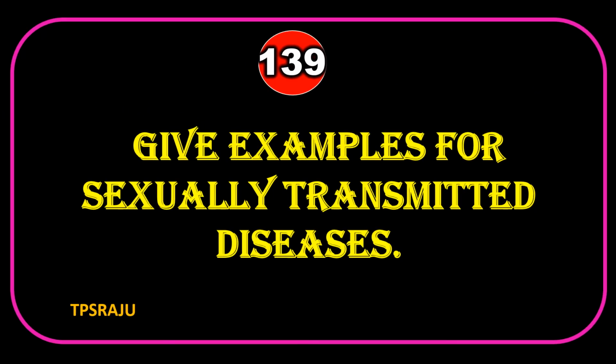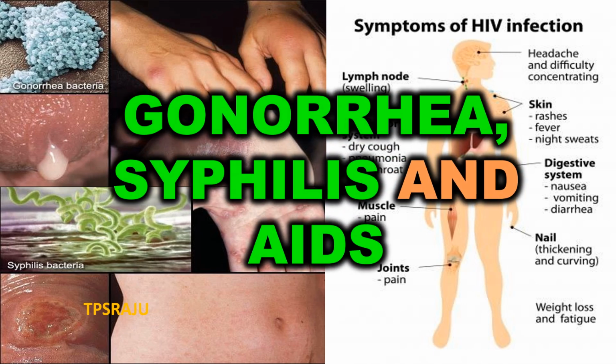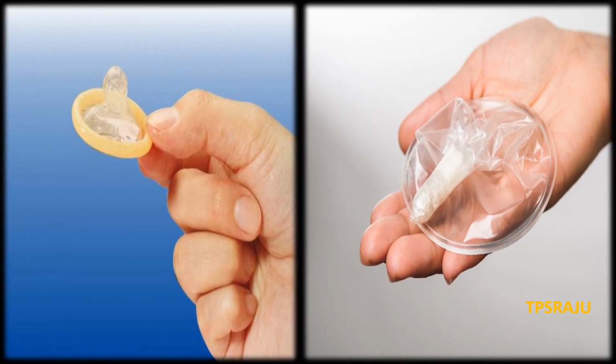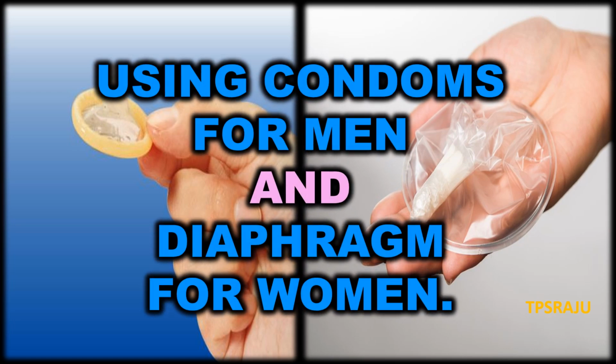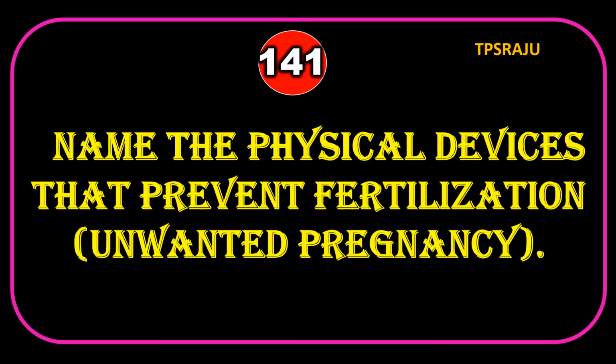Give examples for sexually transmitted diseases. Gonorrhea, syphilis, and AIDS. Which method of contraception provides protection against sexually transmitted diseases? Using condoms for men and diaphragm for women. Name the physical devices that prevent fertilization.